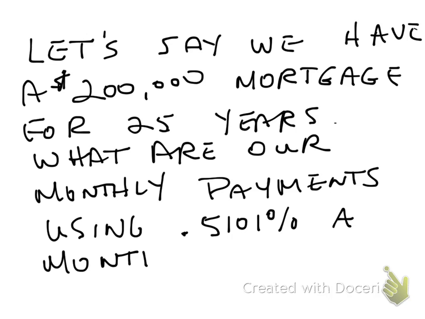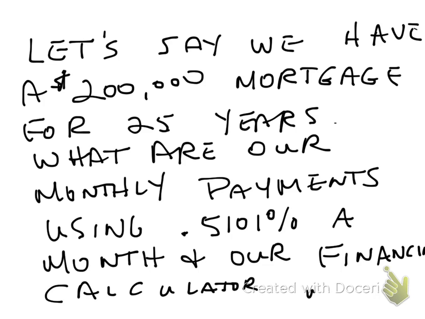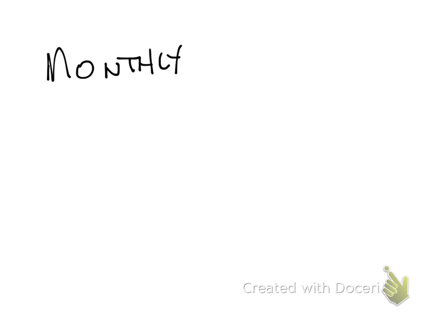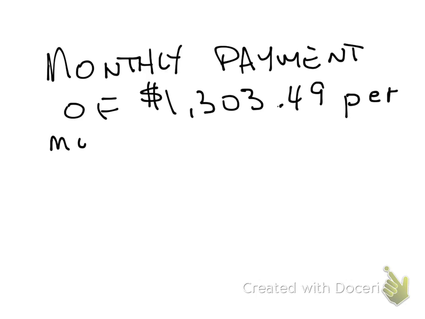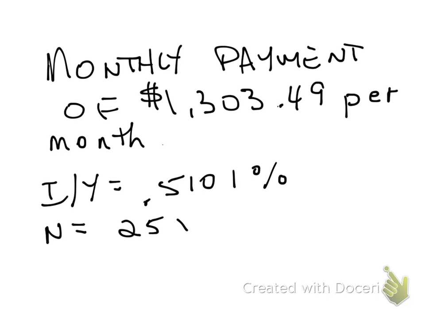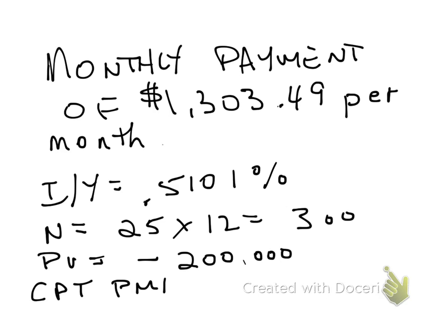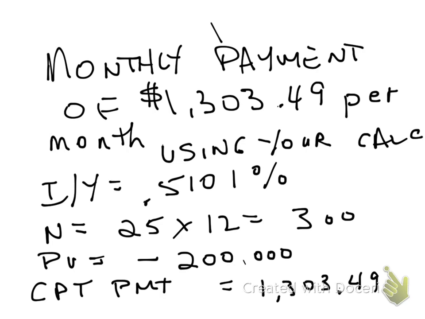So using the 0.5101% a month in our financial calculator, we get our monthly payments of $1,303.49 per month. In our financial calculator, our I/Y is the period rate per month, 0.5101%. We have a 25-year mortgage with monthly payments, so 25 times 12, our N would be 300.